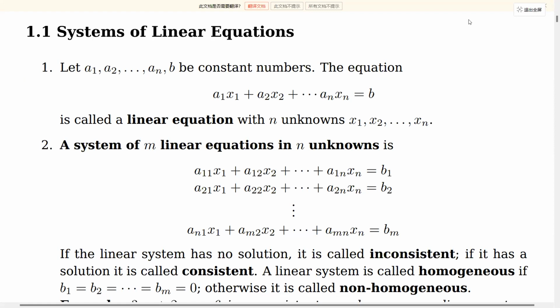So the first chapter is linear equations and matrices. Linear algebra is basically how to solve a system of linear equations, and this becomes a topic when you have a large system, like 1,000 equations with 1,000 variables, or 1 million variables with 1 million equations.